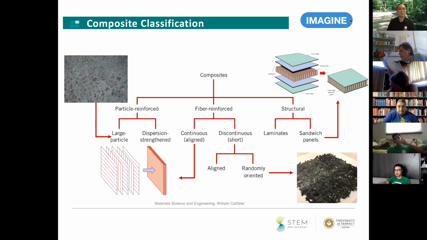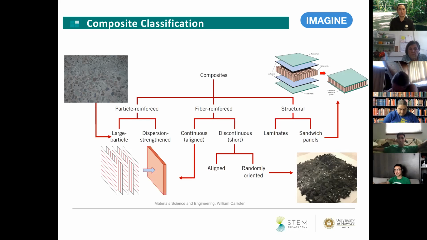Then there's the structural type, and the one most used in planes is sandwich composites. Laminates are kind of a mix, because for continuous fiber, the plates we get from them we also call laminates.